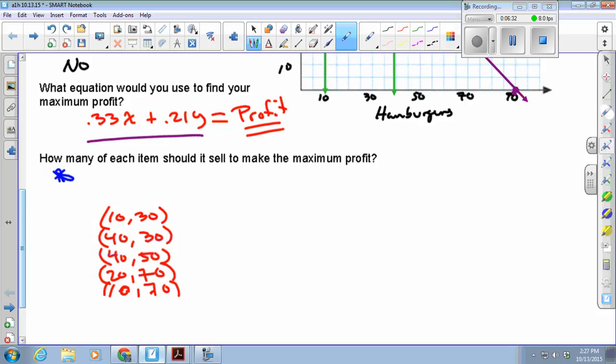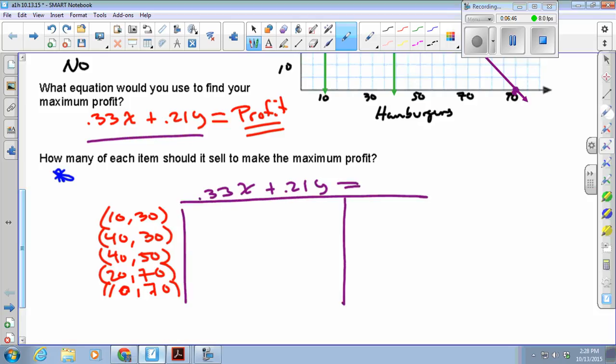So we need to plug in 0.33x plus 0.21y and find out what that equals. And I'm going to let you plug those numbers in. I bet you can plug those numbers in. I'll give you the totals, and we'll run with that.